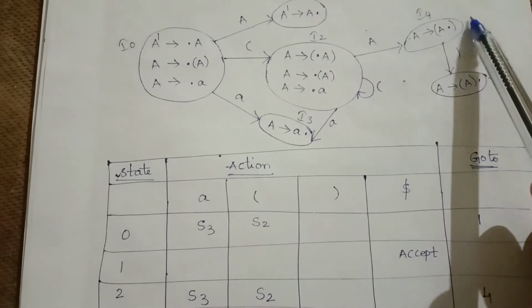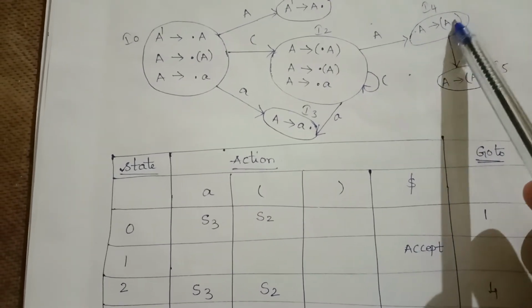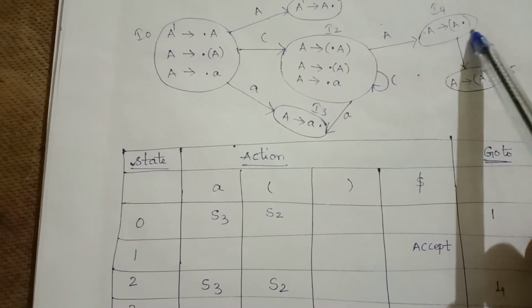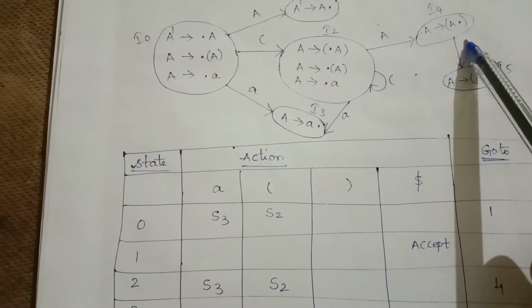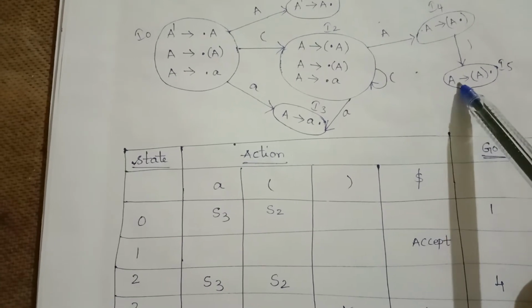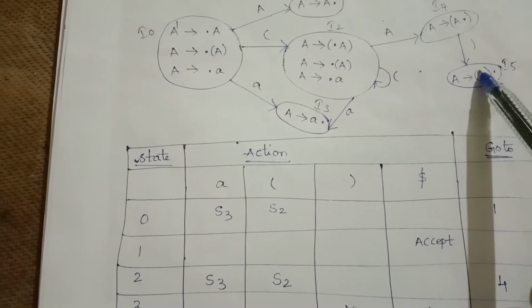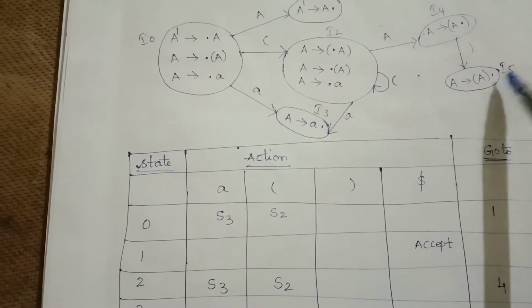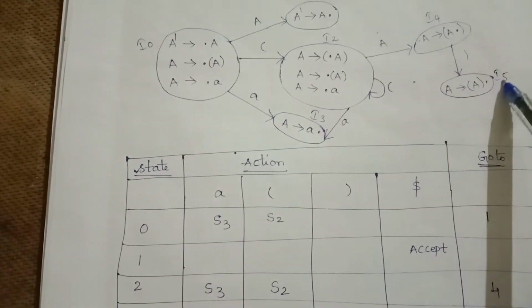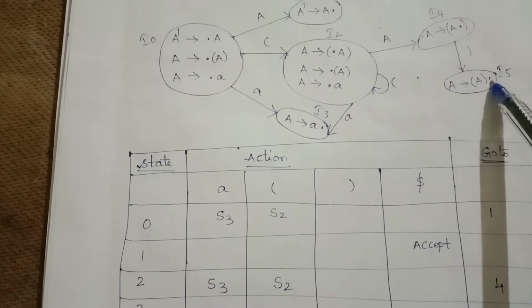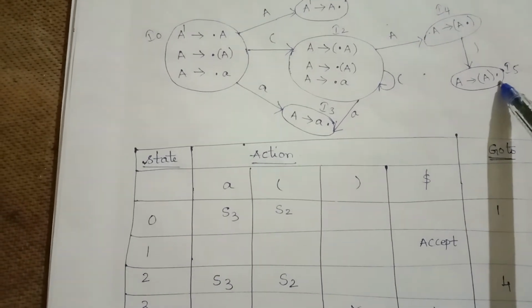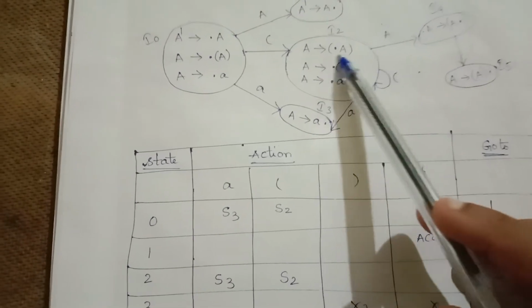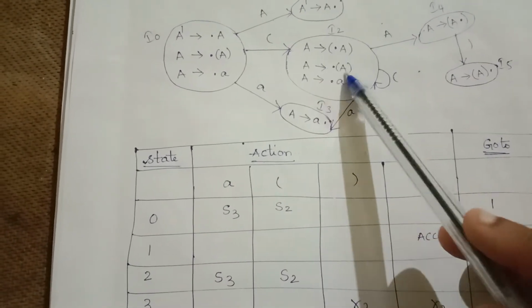Still it has not moved to the end, so again you need to move. On right parenthesis, I4 on symbol right parenthesis gives A tends to left parenthesis A right parenthesis dot, and this is considered as state I5. So the dot has been completely moved to the last of the right hand side production.